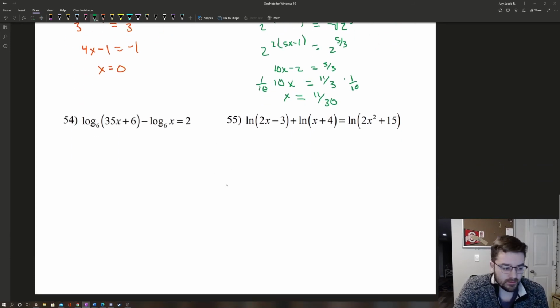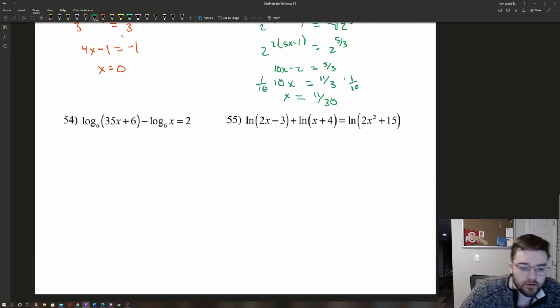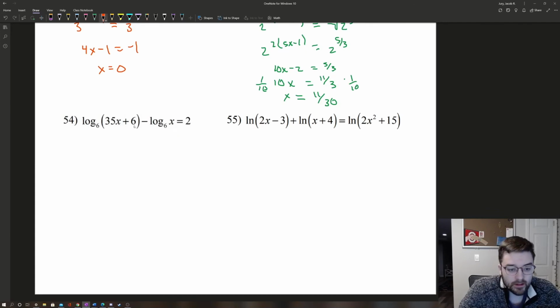Now, lastly, these two are pretty strong. The idea on logarithms, and I mean they look strong. The idea with this logarithm for 54 is that we can have the same base on each of these, and just go about setting the arguments equal to each other.